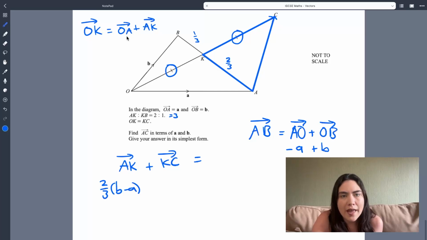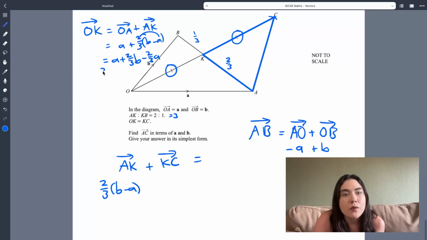So O to A is equal to A, and then A to K is equal to 2/3 of, what did we say? B minus A. If I simplify that, I've got A plus 2/3 B minus 2/3 A. 1 minus 2/3 is positive 1/3. So I have 2/3 B plus 1/3 A. Cool.